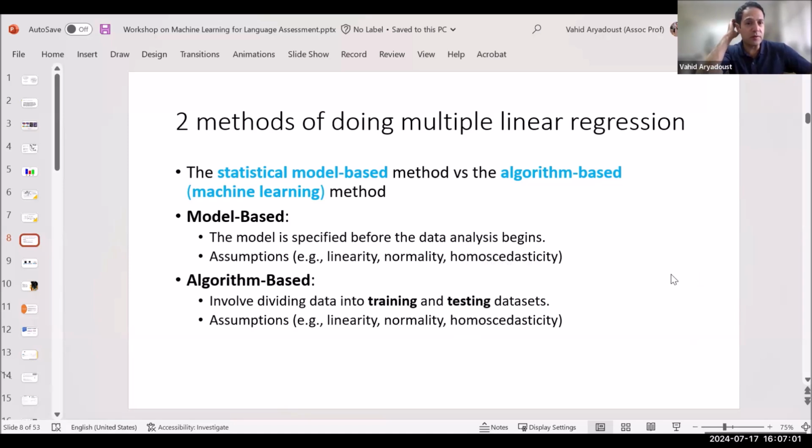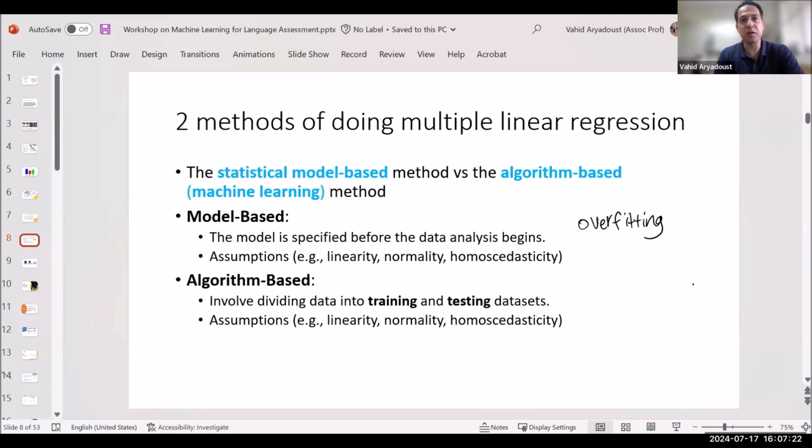One of the limitations of this statistical model-based approach, which I have explained just before, is overfitting. I write this down here. Overfitting. And what does overfitting mean?